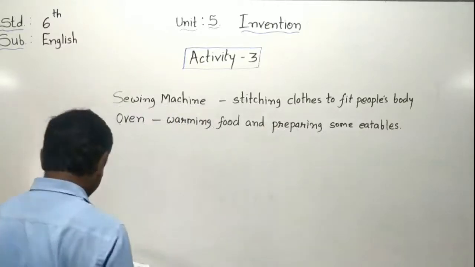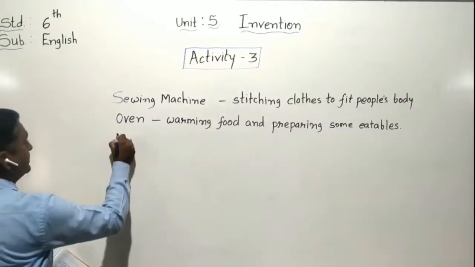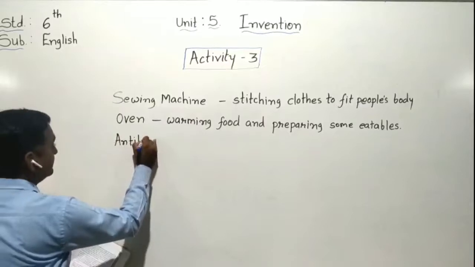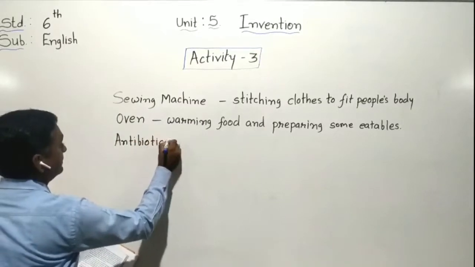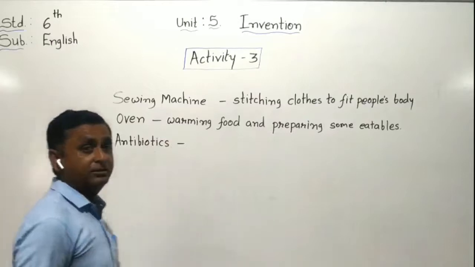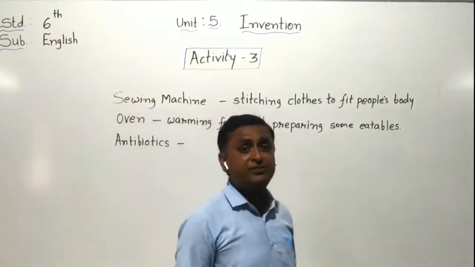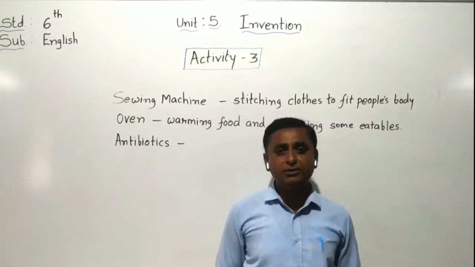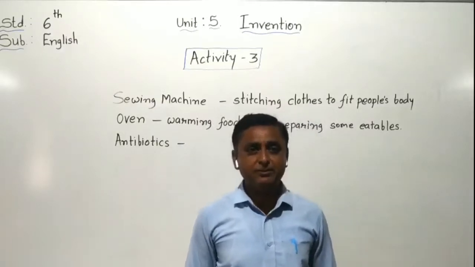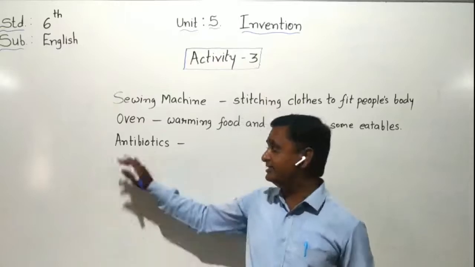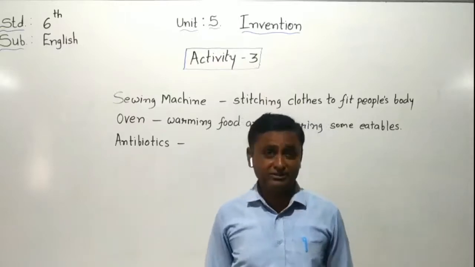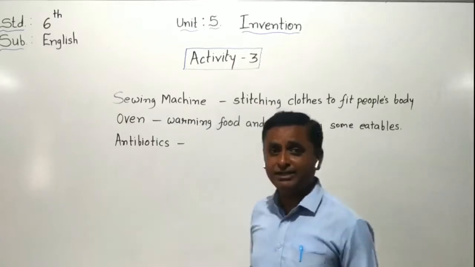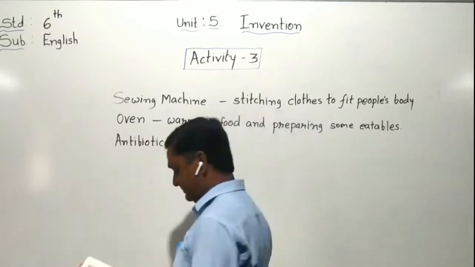Third thing is given here, antibiotics. What is the use of antibiotics? Whenever you feel weakness in your body or whenever you go to the doctor, sometimes if it is required the doctor writes antibiotics. Antibiotics is one type of medicine.